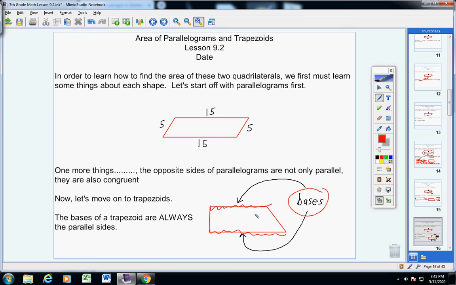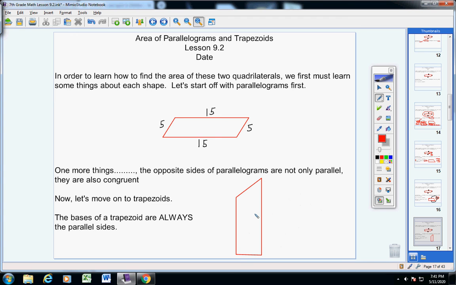So, for example, right now, where are my two parallel sides? Here and here. So those two sides are my bases. Now, if I turn this trapezoid so that it looks like this, right here is not your base because it's not one of your parallel sides. I mean, look, guys, is this side here parallel to this side here? Are they running the same direction? No. One's going horizontally and one's slanted like this.